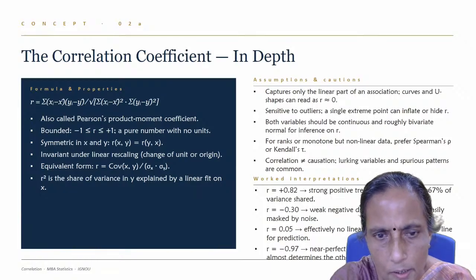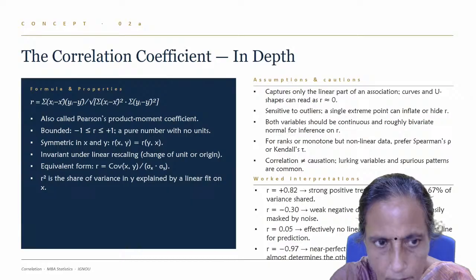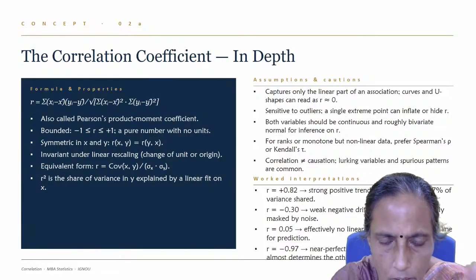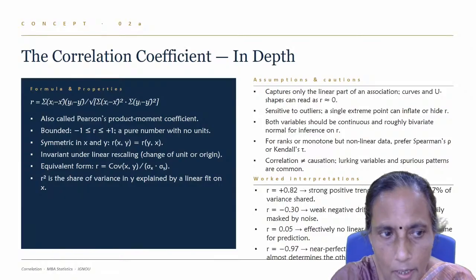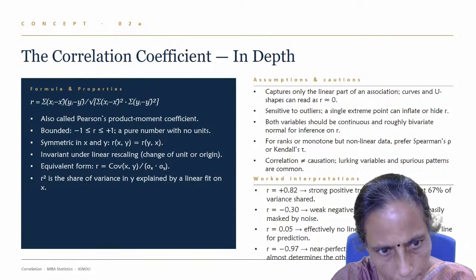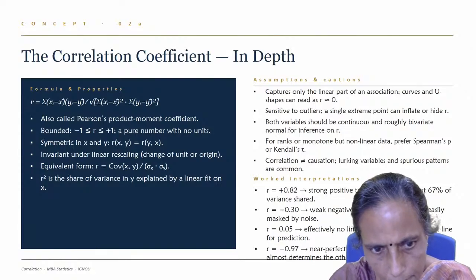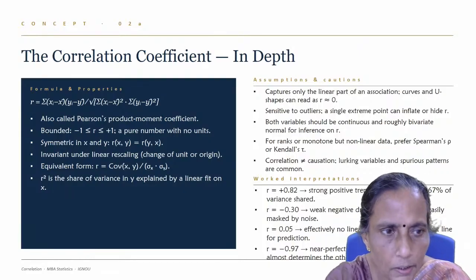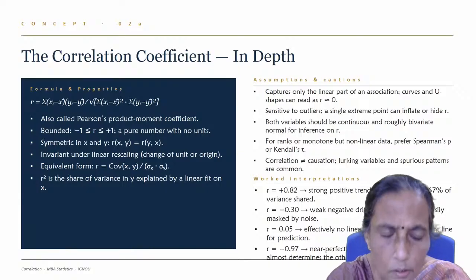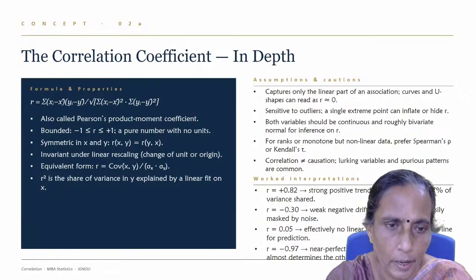The formula is the summation of xi minus x bar into yi minus y bar, divided by the square root of summation xi minus x bar whole square into summation yi minus y bar whole square, where xi is the value of one variable and yi is the value of the other variable, both random variables, and x bar is the mean of one variable, that is x, and y bar is the mean of the other variable, y.